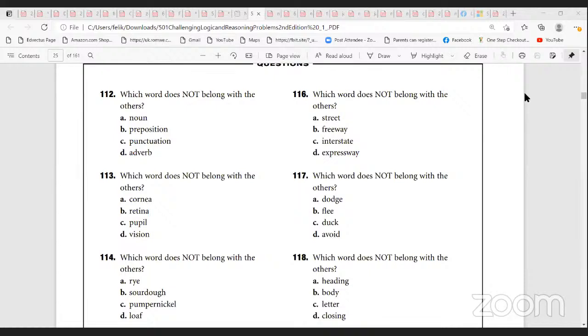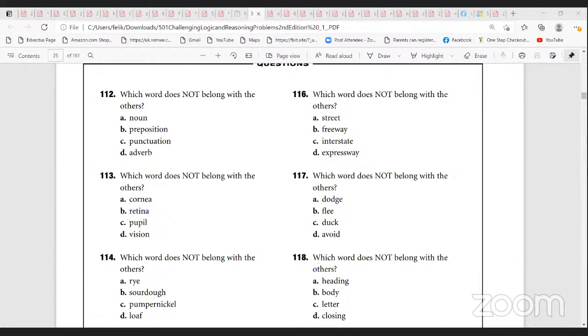Which word does not belong with the others? Street, freeway, interstate, and expressway. And my answer is street. Okay, correct. Well done. So street is correct. Freeway, interstate, and expressway are all high-speed highways.